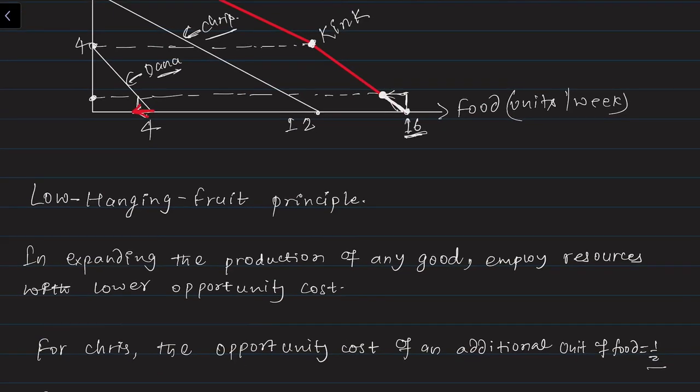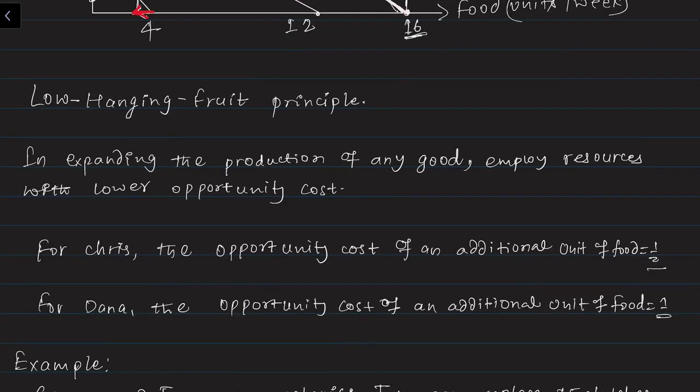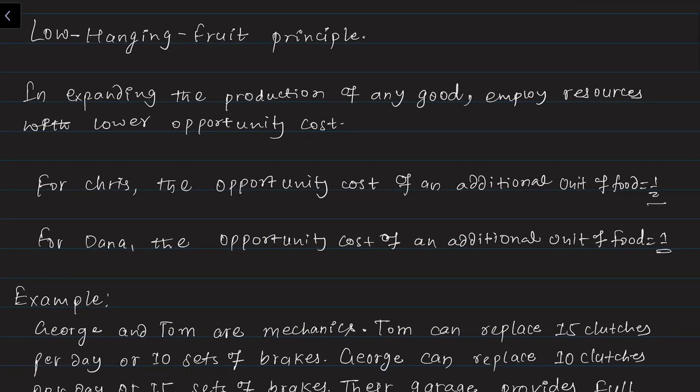But in this example, we increased shelter production by a little bit, so we want Dana to produce that, right? This is exactly the low hanging fruit principle, and this principle can be used to draw the PPC of a 3% economy as well.